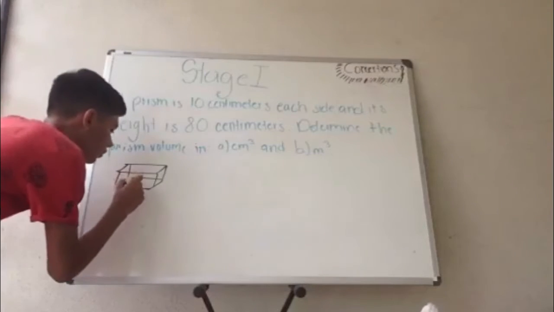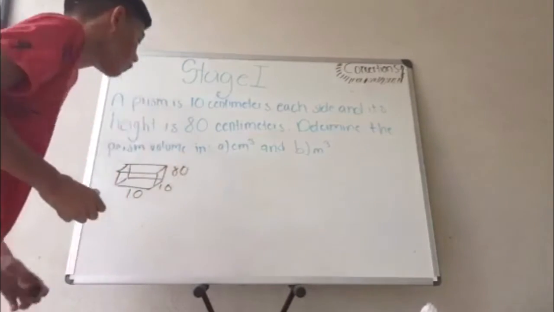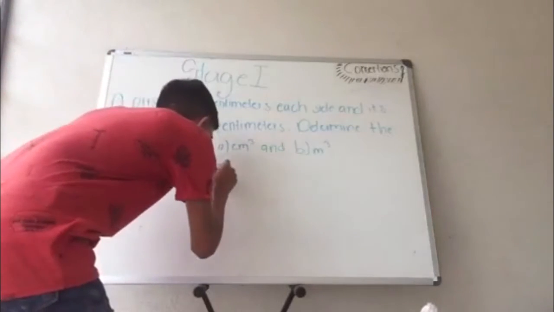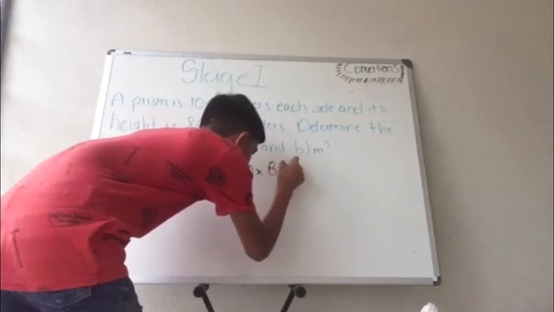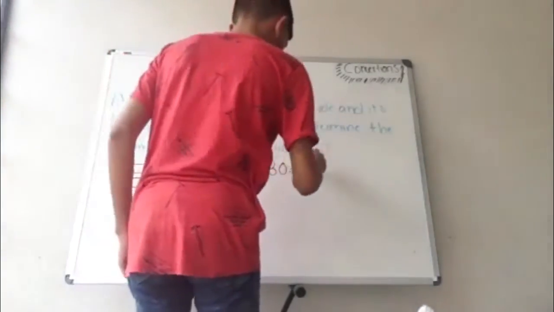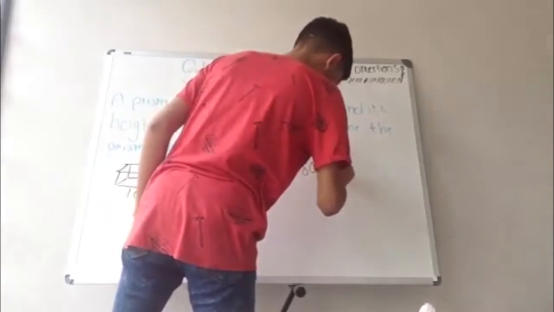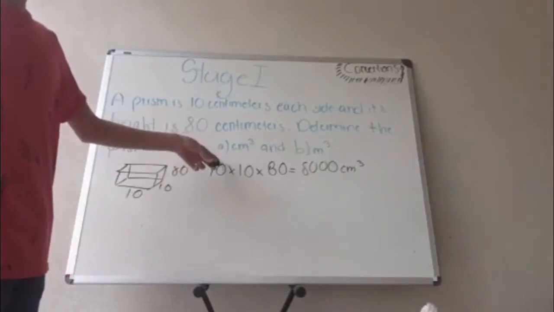We know that the base is 10 by 10 and the height is 80. So we're going to multiply each other, and it gives you a total of 8,000 cubic centimeters. So we already got the cubic centimeters.